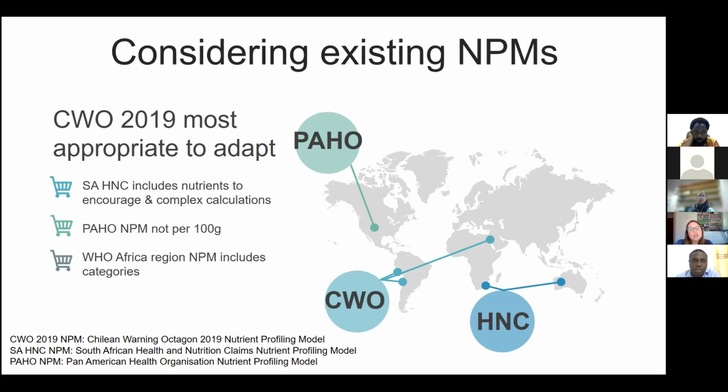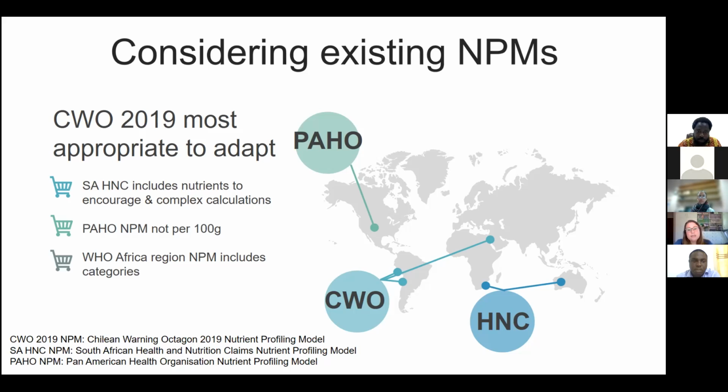We considered the Chilean Warning Octagon 2019, or CWO model, which was developed in Chile for their regulations and has also been adapted by Peru and Israel in mandatory regulations on front of pack labeling. We also looked at the PAHO model, which is used in Mexico for their front of pack labeling and marketing restriction regulations.